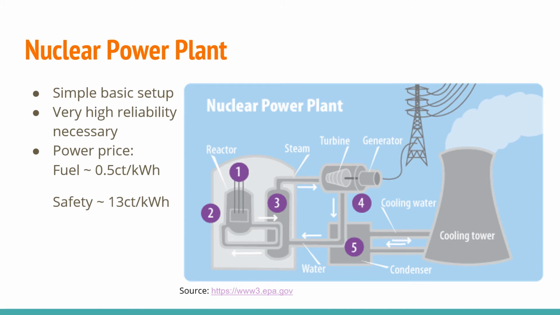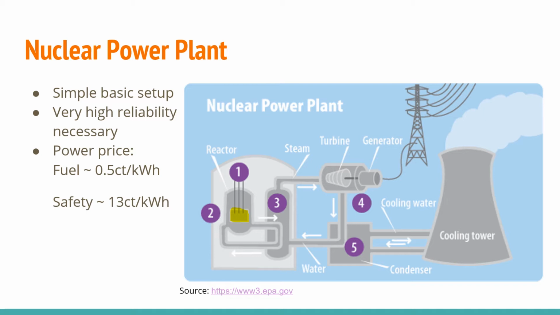Now, look into the power plant. So this is a very, very simple sketch of this power plant. We see we have this simple basic setup. In here, this is the hot area, there is the uranium. And so these are the control rods, and that's all encapsulated in a big iron vessel.